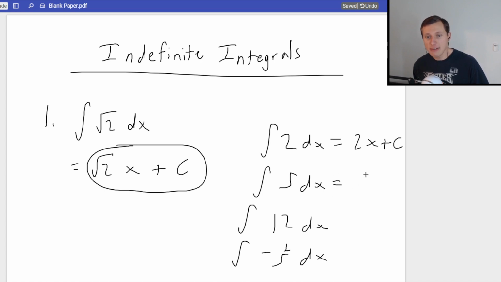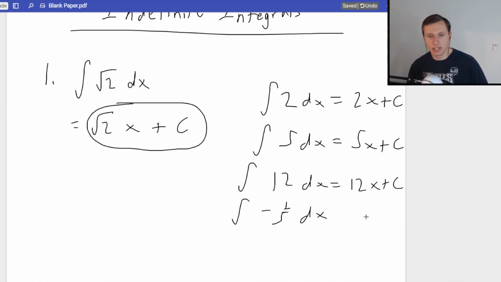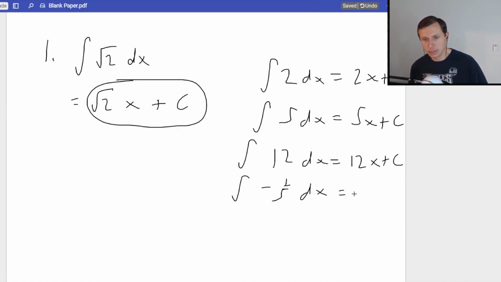Integral of 5 is 5x plus c. Integral of 12 is, you guessed it, 12x plus c. And then the last one, integral of negative 1/5 would be negative 1/5 x plus c. I'll give you like 10 seconds to write this down, but it's very easy whenever you just have a number and an integral. It's literally you just add x. Hopefully some of you remember that.